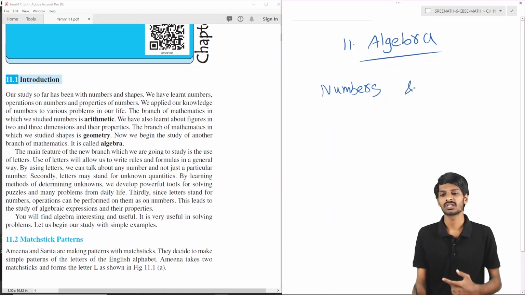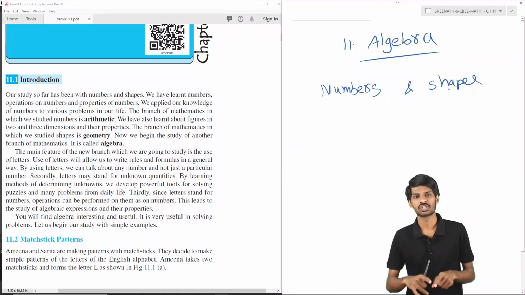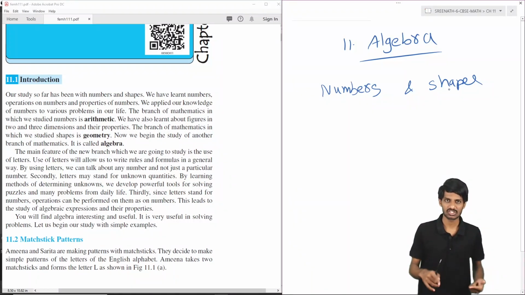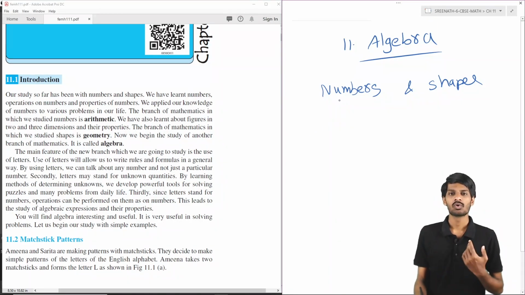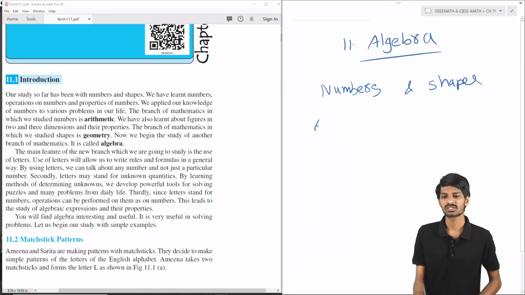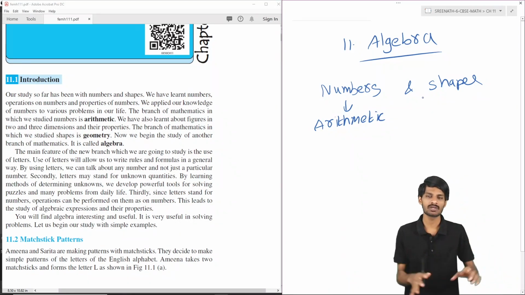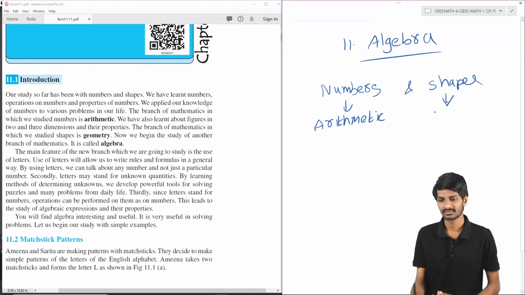And we also study about shapes: circle shape, square shape, rectangle shape, triangle shape, polygons, all these things. The study about the numbers is called arithmetic, and the study regarding the shapes is called geometry.